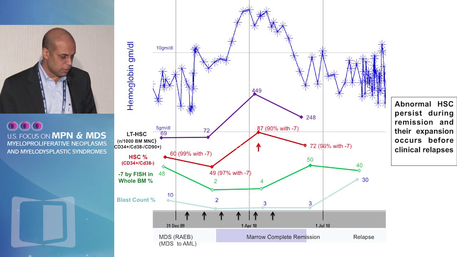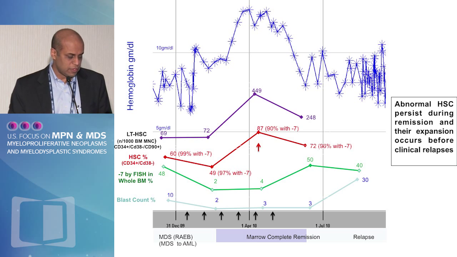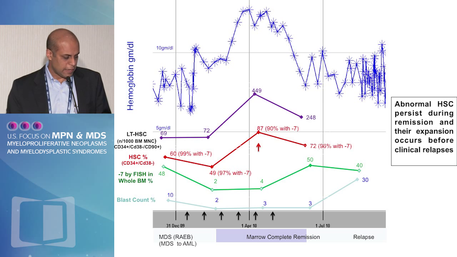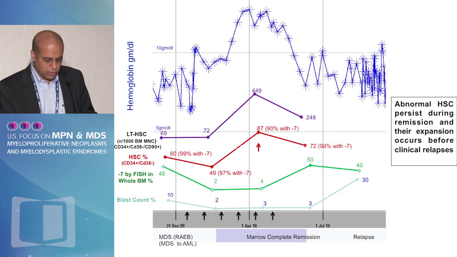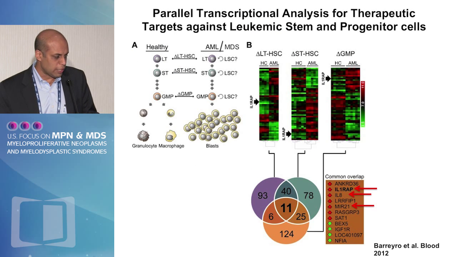So this case illustrates that even when we have patients who are in phenotypic remissions, they do have these clones of aberrant stem cells that are hiding in the marrow. And we really need to target them. So how do we target these guys? We've been trying to do expression analysis of healthy and compare them to AML and MDS sorted stem cells.